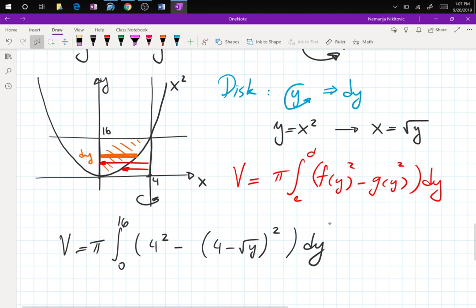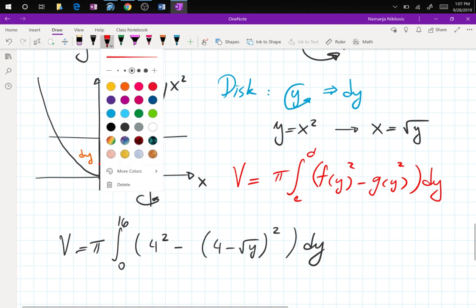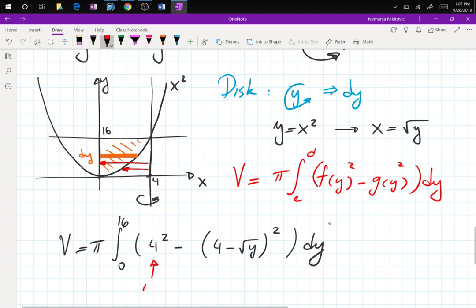Now you have whatever the axis shift is, so that number minus the original. So I'm going to write 4 minus 0 squared, because this over here is x equals 0, and this one is x, which is root y, so 4 minus root y.